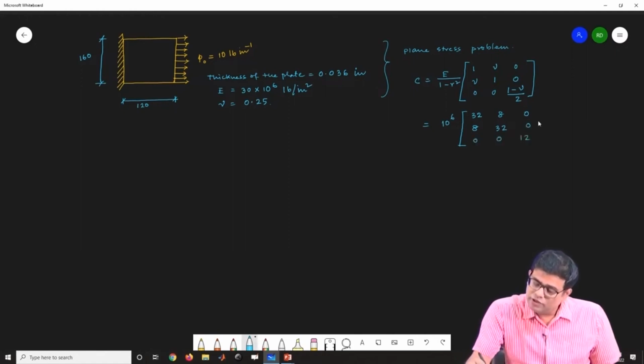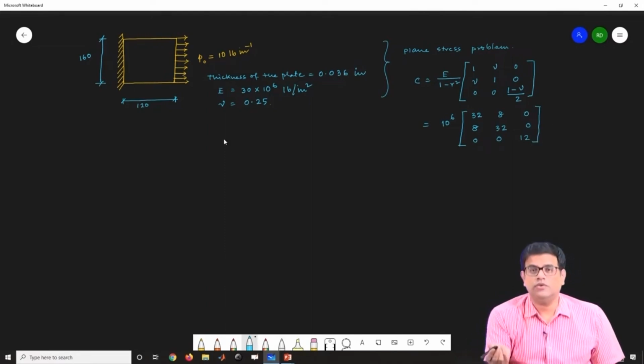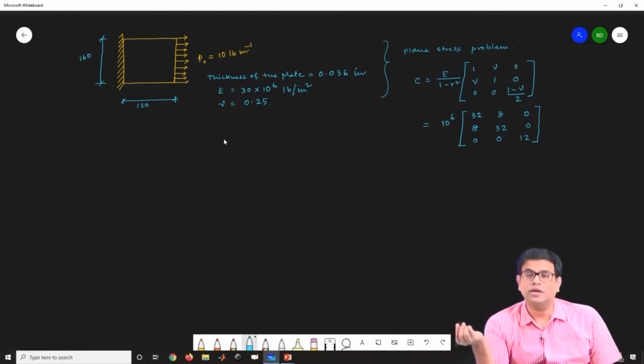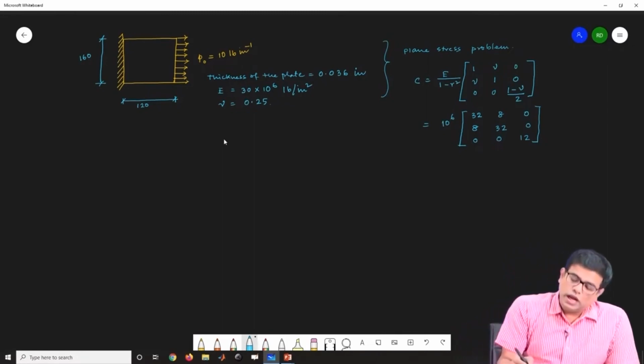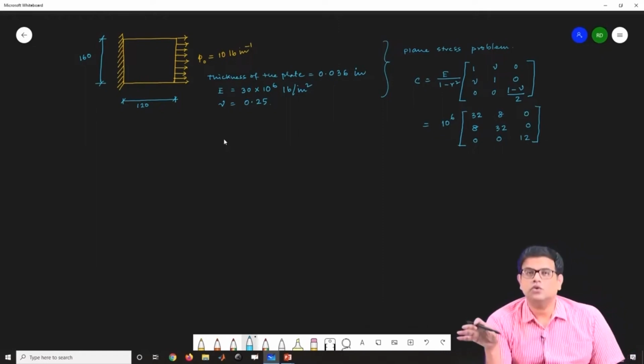This is my constitutive matrix. Its unit is again the unit of Young's modulus, that is pounds per inch square. So the constitutive matrix is now known to us.